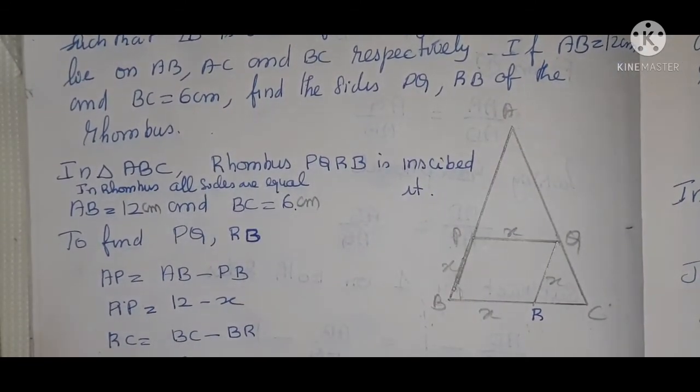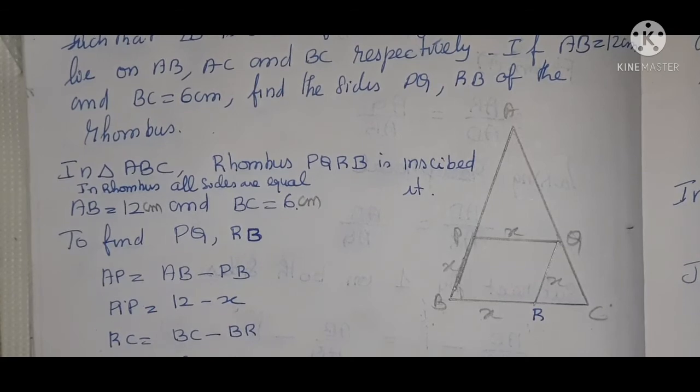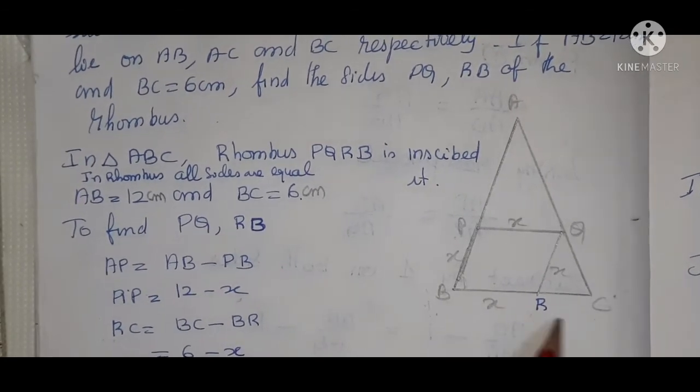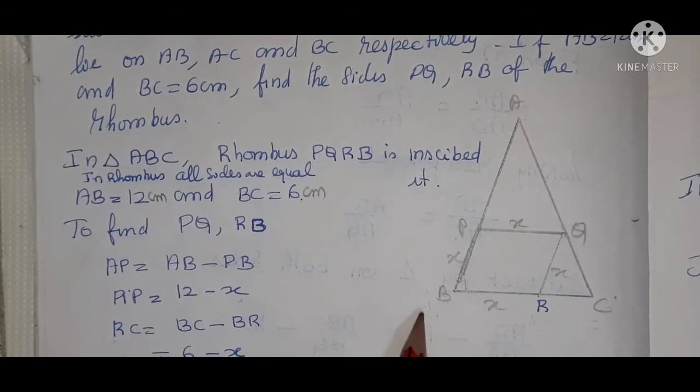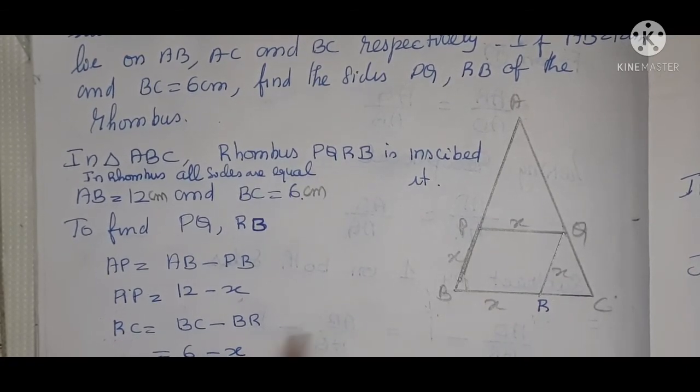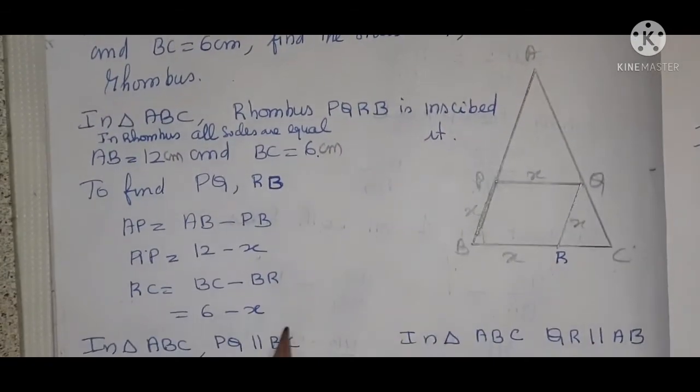AP is equal to AB minus PB. AB is 12 minus x. So AP is 12 minus x. RC is BC minus BR. BC is 6 minus BR is x. RC is 6 minus x.